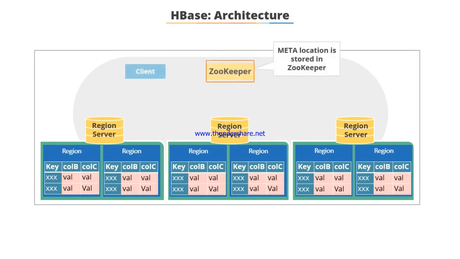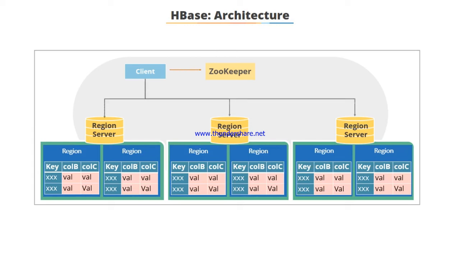Zookeeper stores the location of the meta table. When a client has to read or write data to HBase, it uses Zookeeper and accesses the region server that is hosting the meta table. The client queries .meta.server to get the region server corresponding to the row key it wants to access. The client caches this information along with the meta table location.